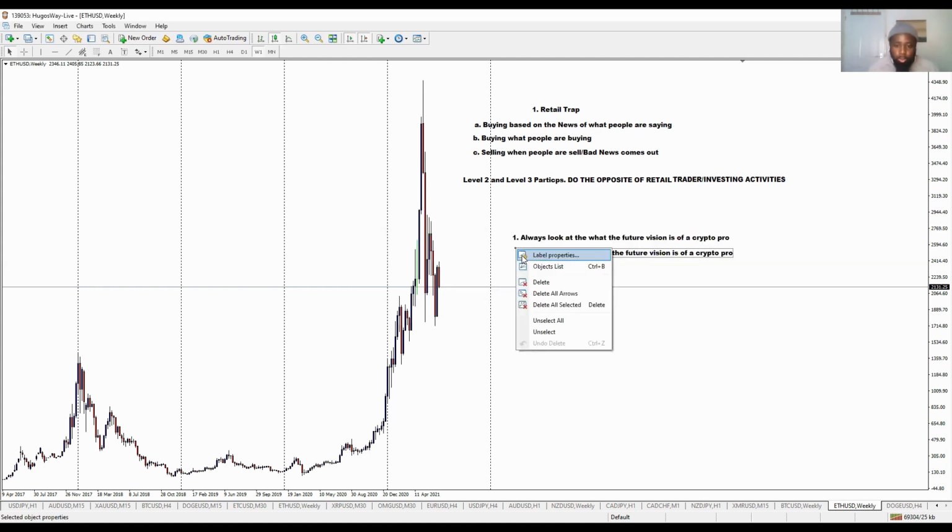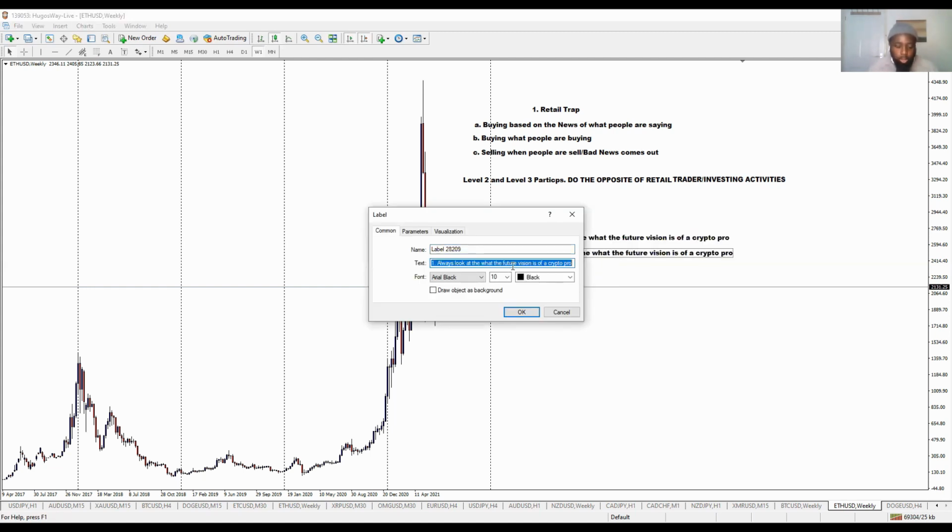Number two, the second thing you want to look at, and this will help you to understand, is what are the current achievements.